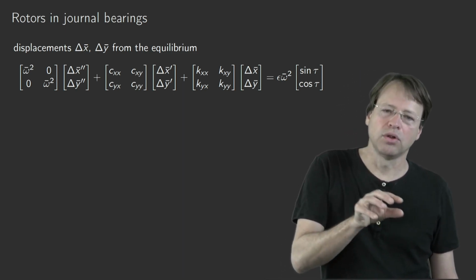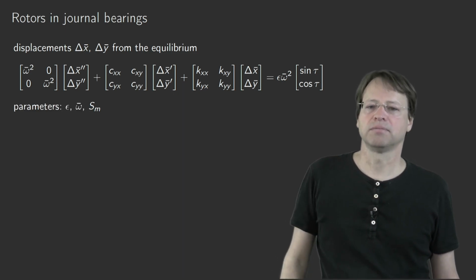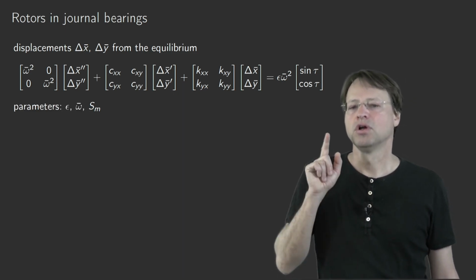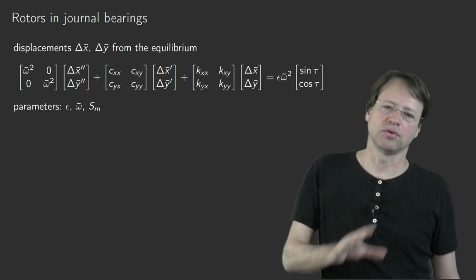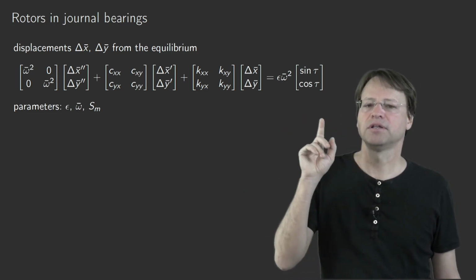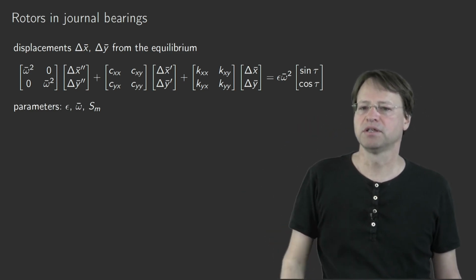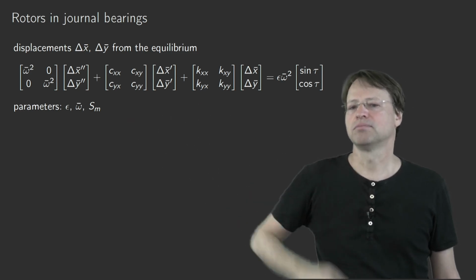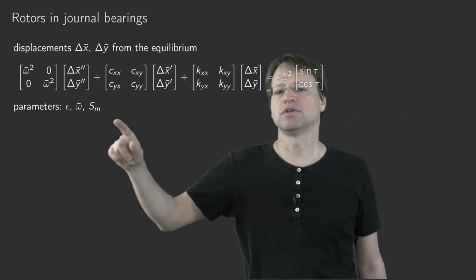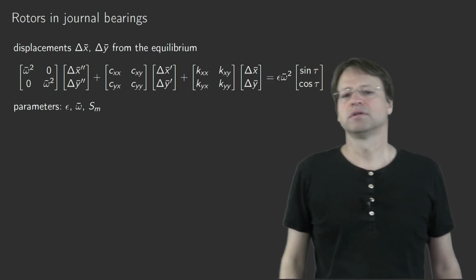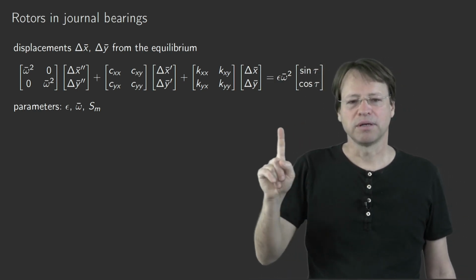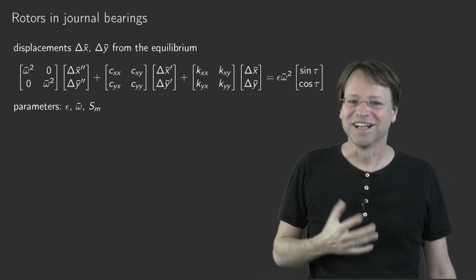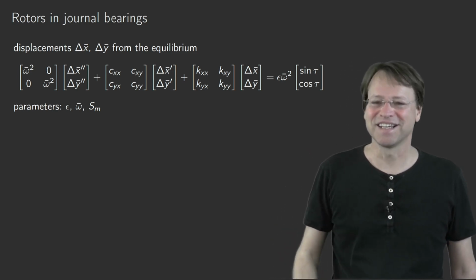You can see that all these parameters can be transformed. So if you fix all the other parameters, once you change the rotational speed, you will change by this also the modified Sommerfeld number, and you will change the parameter epsilon. No, you will not change the parameter epsilon. Attention. Also, I made this mistake.